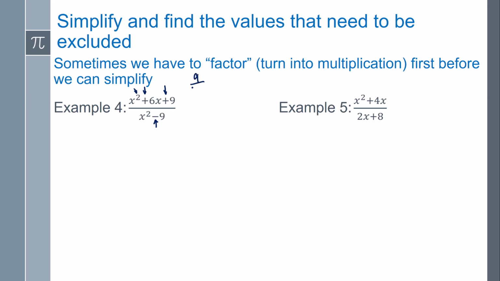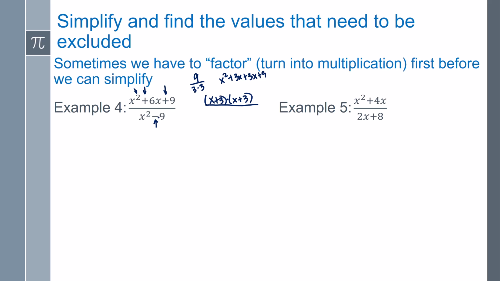Factors of 9 that add to 6: 3 and 3. Break it apart. Remember, we've been doing this all year. Now, I'm skipping some steps just to save time. Now they are factored. It's being multiplied, so now there's potential for things to reduce.